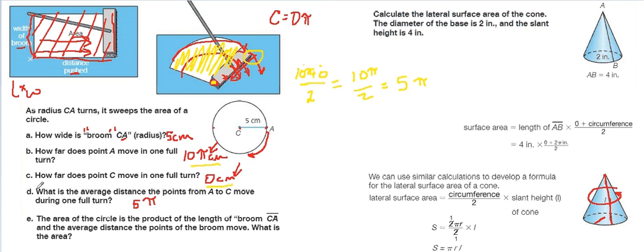The area of the circle, we know how to find area of a circle. It's r squared times pi, but it would also be true to understand it as the product of the length of the broom, which is the radius, and the average distance the points of the broom move, which we just found.